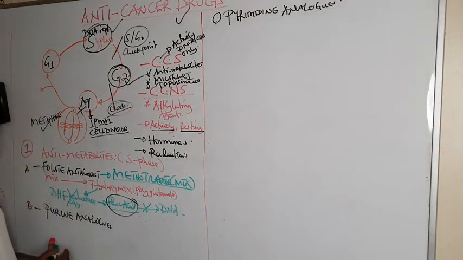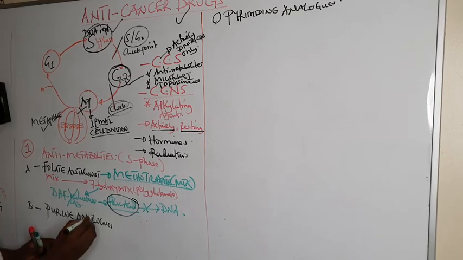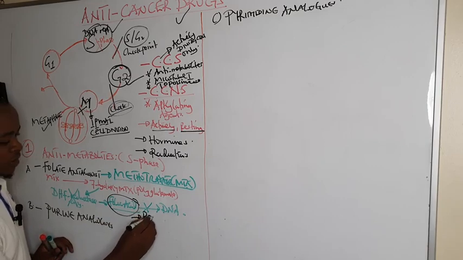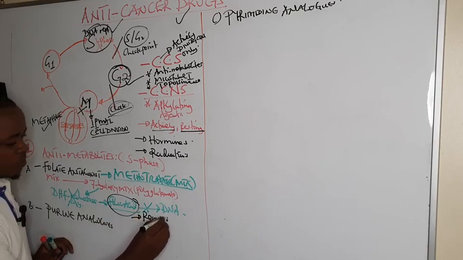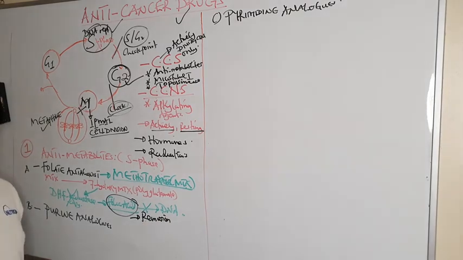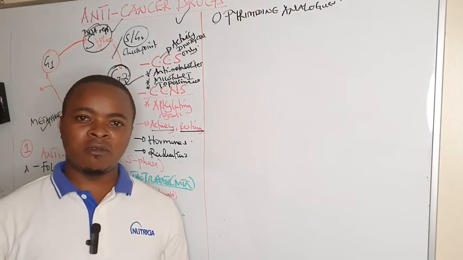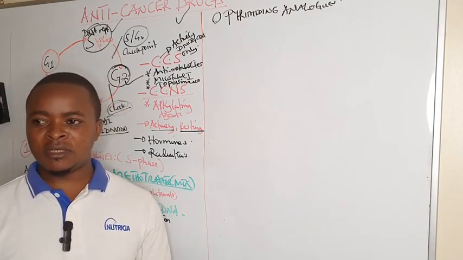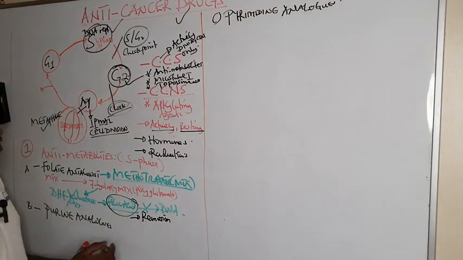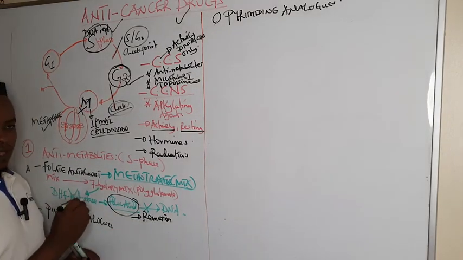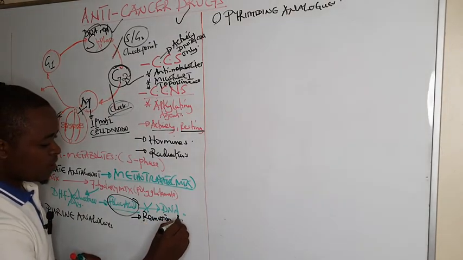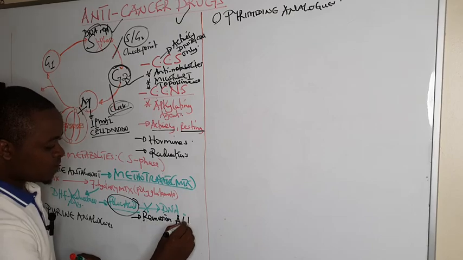This drug is indicated in maintaining remission. What does remission mean? When you're treating someone for cancer, the signs and symptoms disappear. We maintain remission by giving methotrexate in children with acute lymphoblastic leukemia.